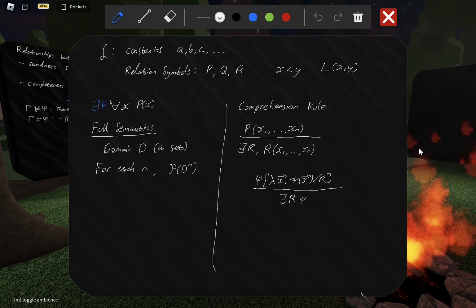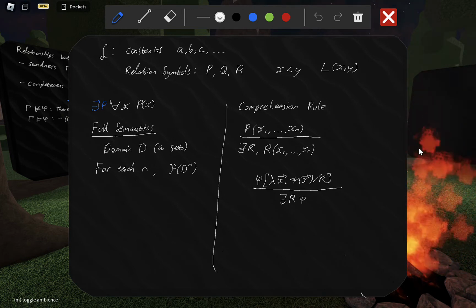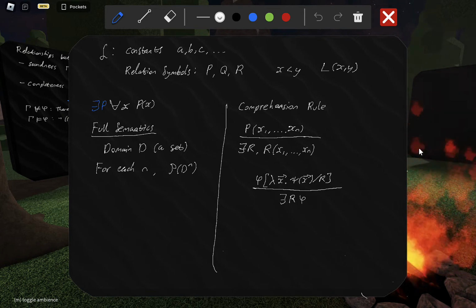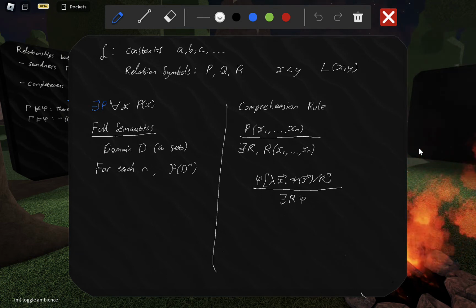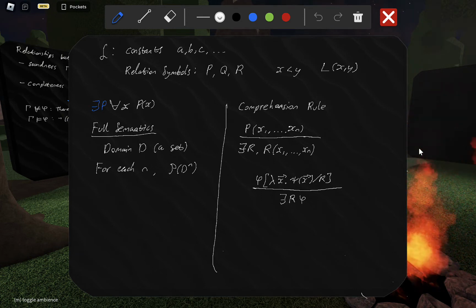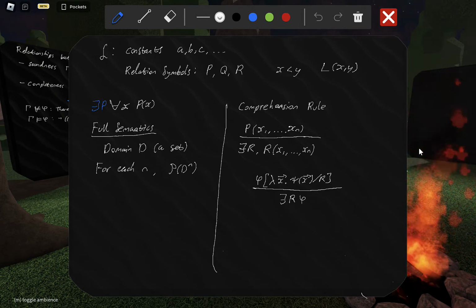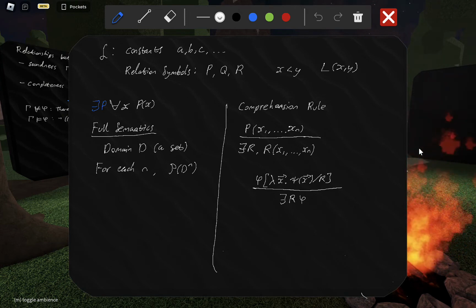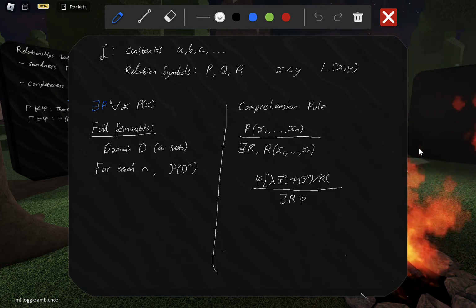Wait, no, that's not right. I don't understand this rule. This is very strange. It's a result of replacing every atomic formula of the form R1. I think the notation makes sense if it's like this.